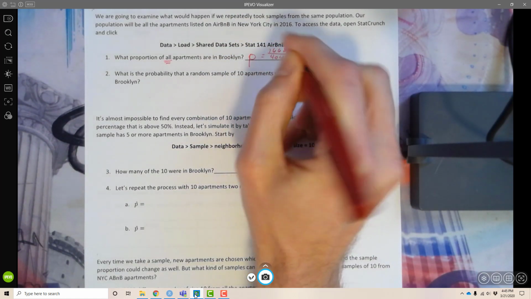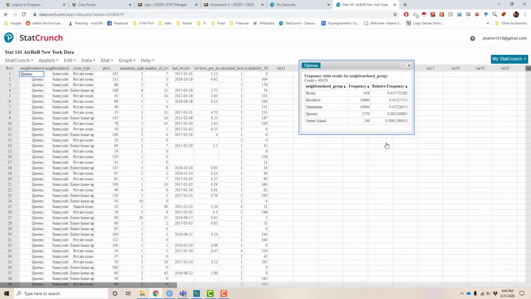That gives us a population proportion of, we'll round it off, 0.413, or 41.3%.